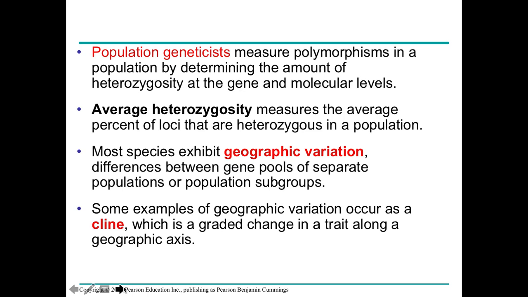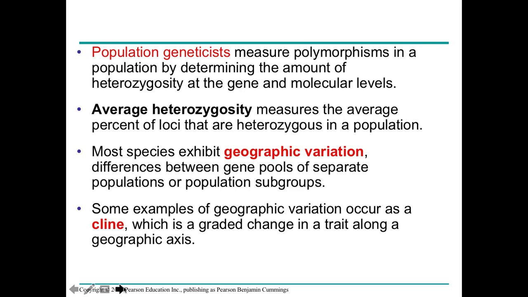If you remember from our genetics unit, heterozygosity is basically just you are a hybrid of the dominant and the recessive trait. So population geneticists look at the amount of heterozygotes in a population. The average heterozygosity measures the average percent of individuals that are actually heterozygous in a population. We're not going to make it more complicated than it is. How many heterozygous hybrids are there?